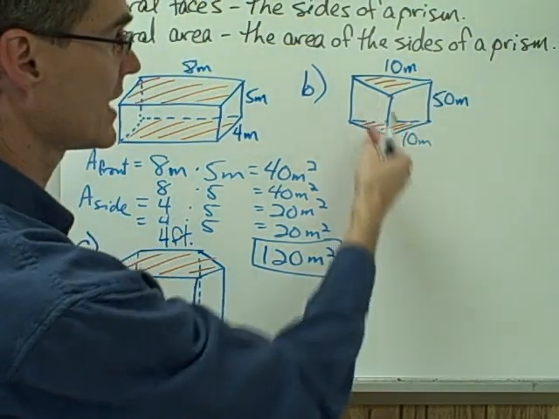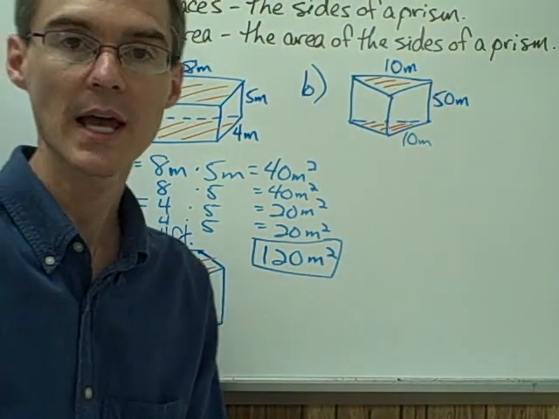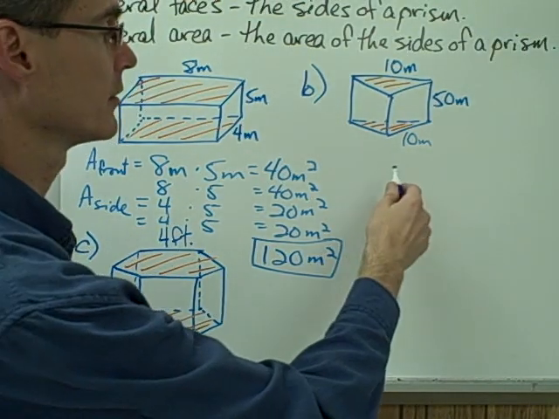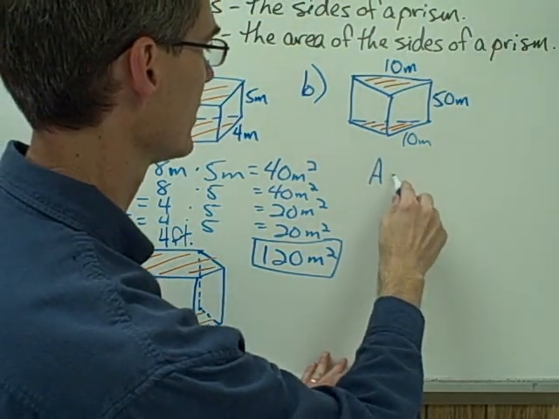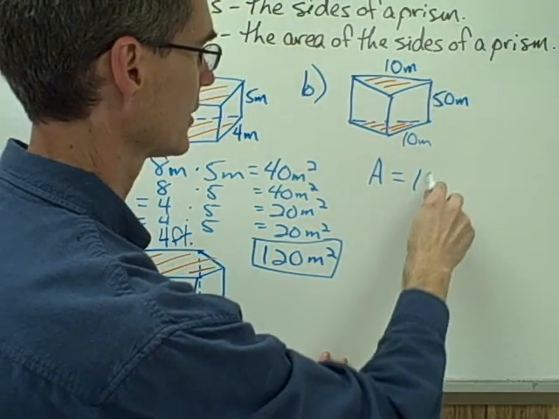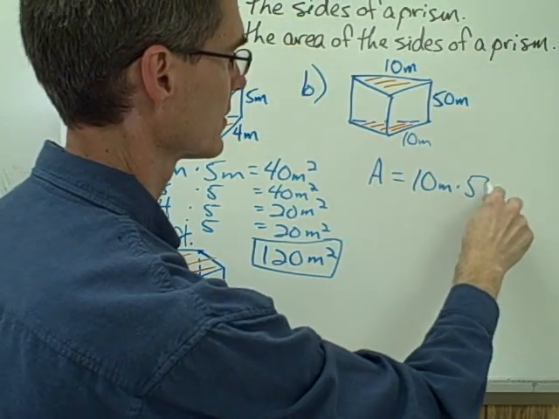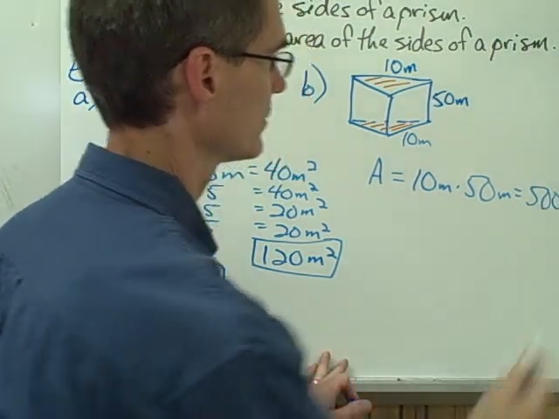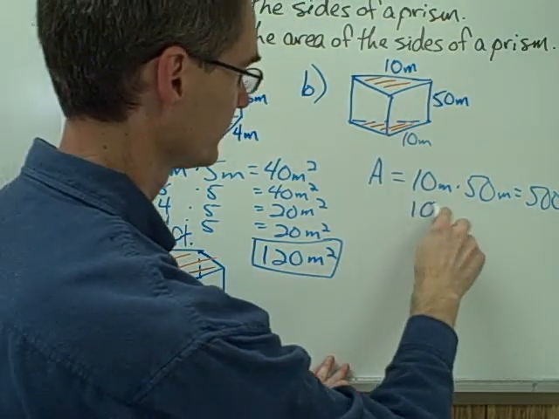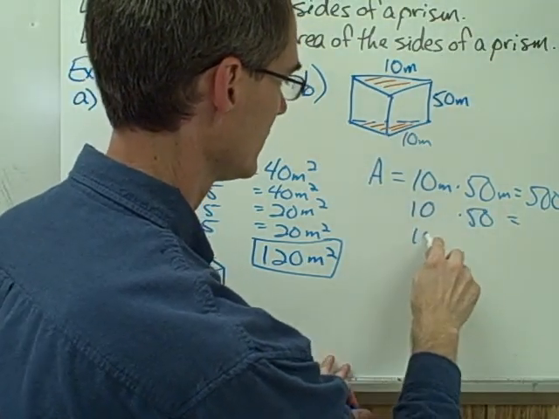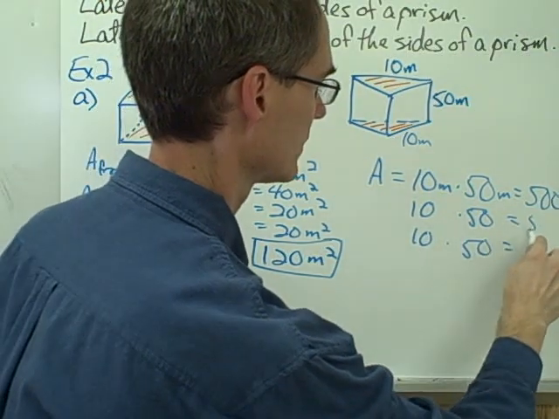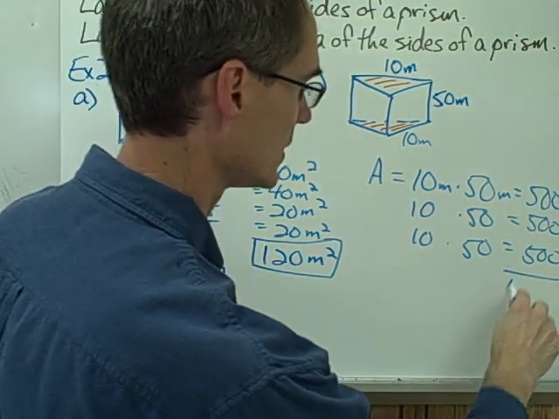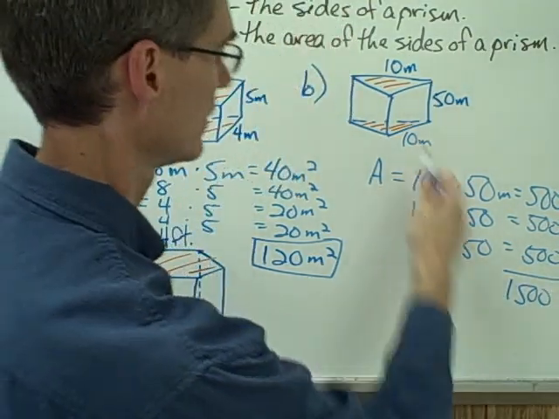So I just have 3 identical rectangles as the lateral faces of my regular triangular prism. The area of each rectangle is 10 meters times 50 meters, which is 500 square meters. I've got 3 of them, and when I add those 3 together, that gives me 1,500 square meters.